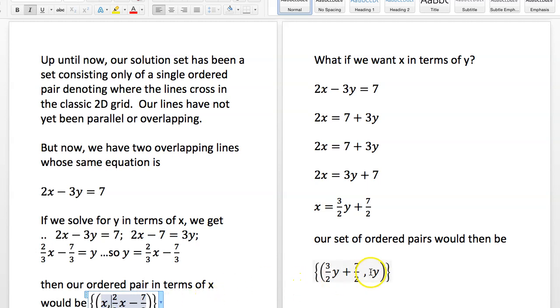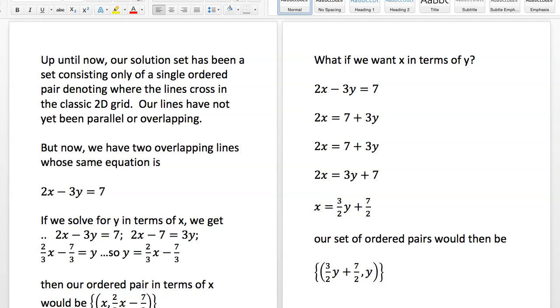Let me make the y close. Yeah. In a way, the space made it worse and not better. So it's the set of all ordered pairs such that x equals this guy here. x always comes first. Now, y is just himself because we're in terms of y. x is written in terms of y, whereas if y is written in terms of x, we're like this.